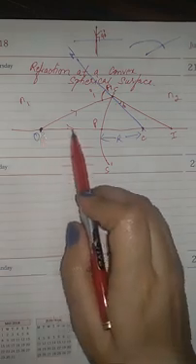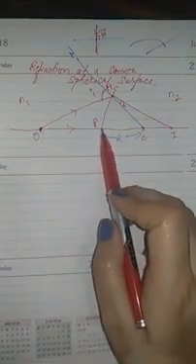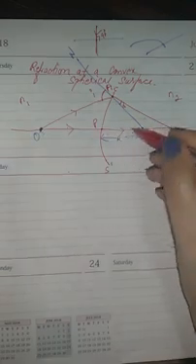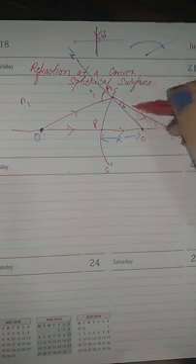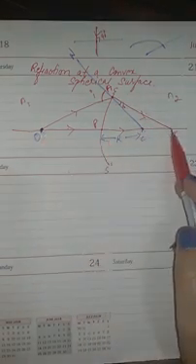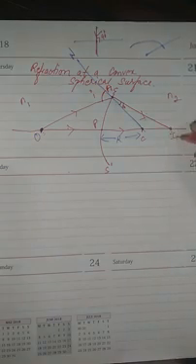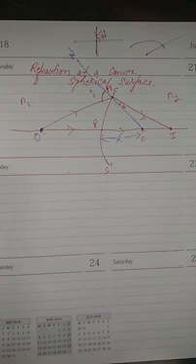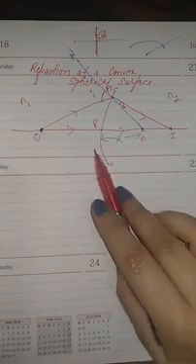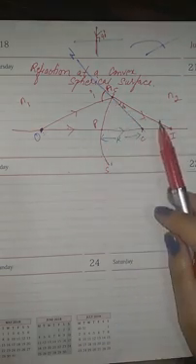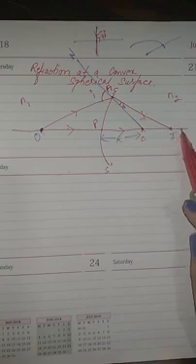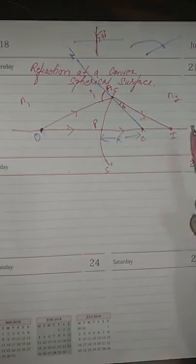So wherever this ray of light AI and this ray of light OP meet, that point will be the image I formed. And this image, which is after the refracting surface, will be a real image of O. This I is the real image of O.